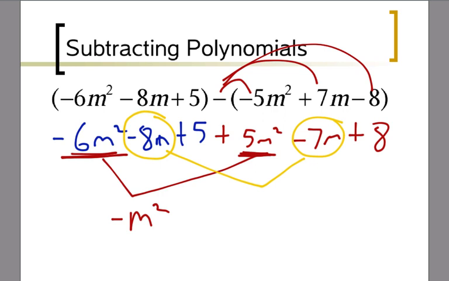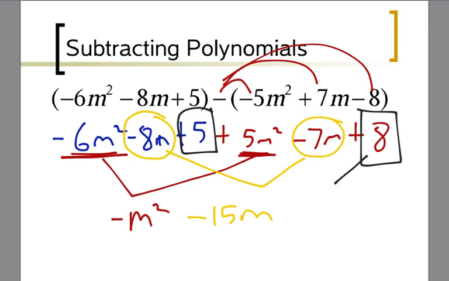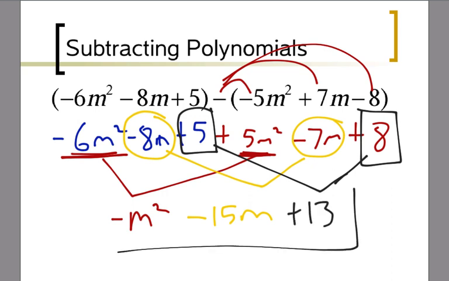Negative 8 minus 7 is going to combine to be negative 15m. And then I look for further like terms, and I find 5 and 8. And I combine those. They're both positive now. So I go ahead and add them to give me 13. And this is your final answer.